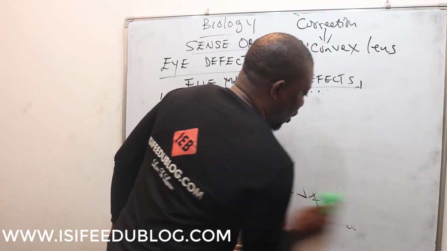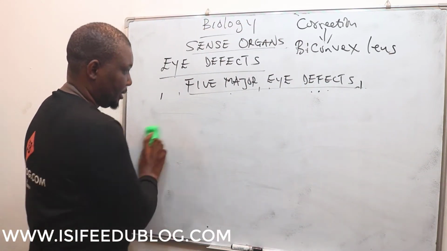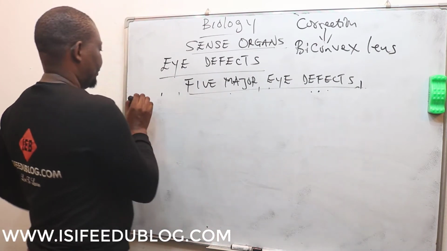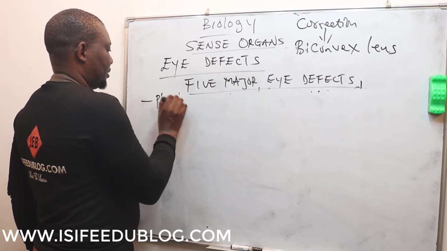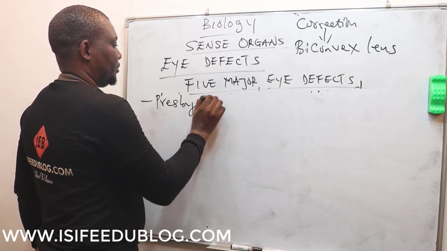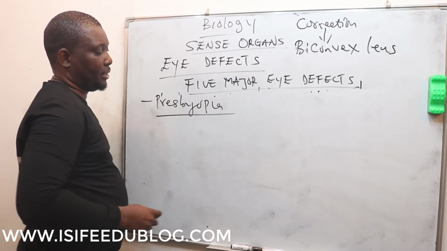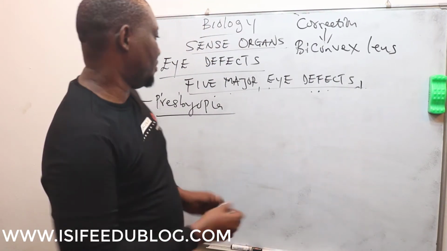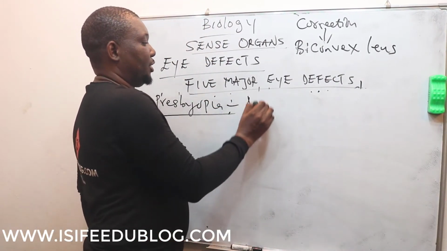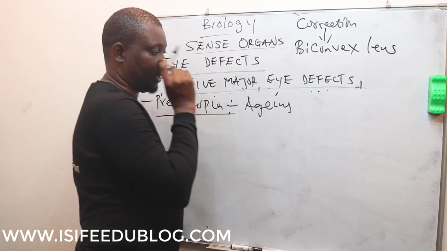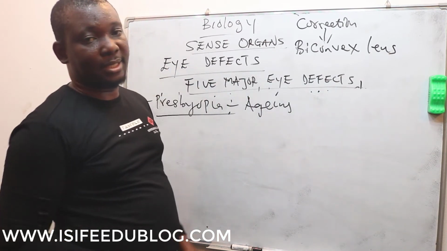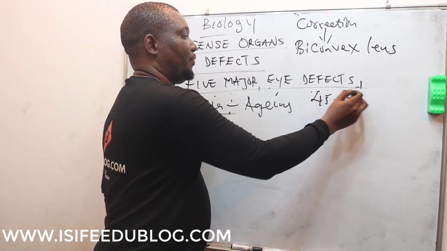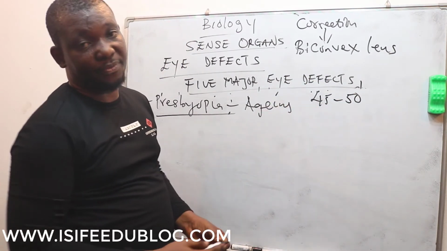Now, the third eye defect is presbyopia. Presbyopia is an eye defect caused by aging. This most likely presents itself at the age of 45 to 50. In most cases it can even come before 45.